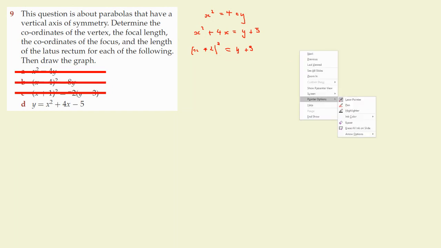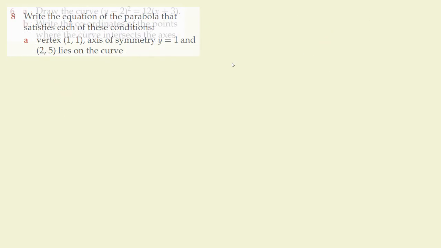So we need to put another 4 onto the other side, otherwise it will not remain in balance. So what have I got? I've got x plus 2 squared is equal to y plus 7.